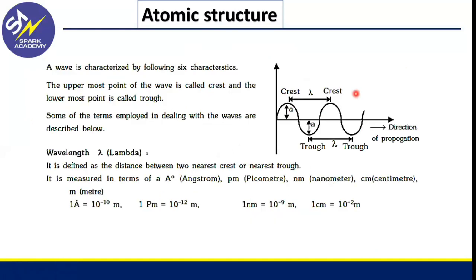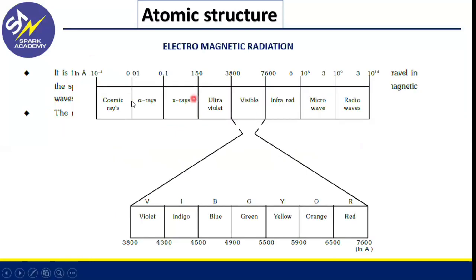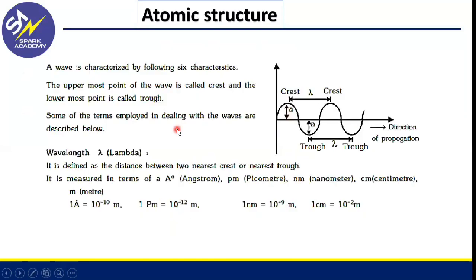When I said it has wave nature, the wave has the following characteristics, which we are going to discuss. This is what represents a wave. The wave always has a height called amplitude A. The upper part is called the crest and the downward point is called the trough. The distance between two crests gives you lambda, which is the wavelength. So for a cosmic wave, between two crests it should be 10 to the power of minus 4 angstroms.